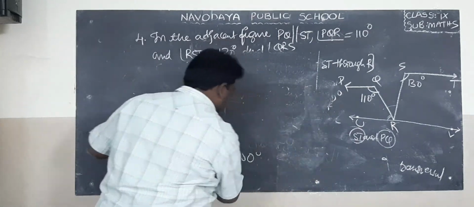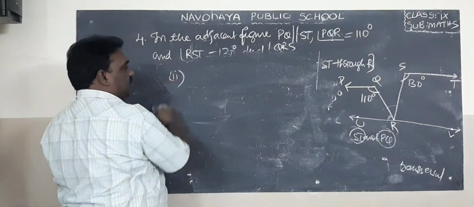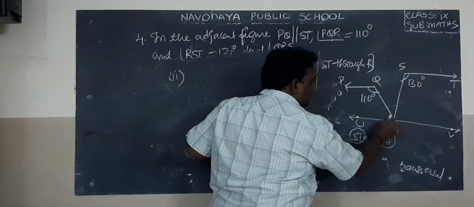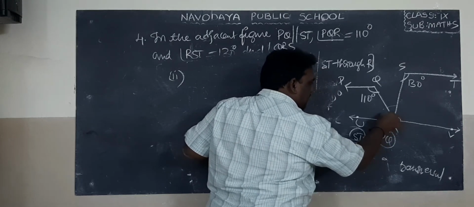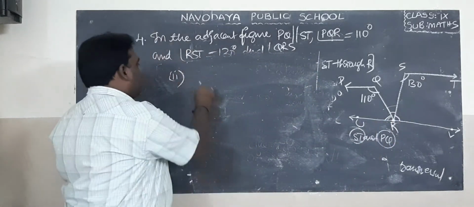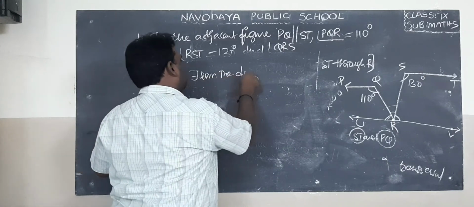Third part is what? See, at R there is a formation of three angles. Total 180. From the diagram, protractor shape.